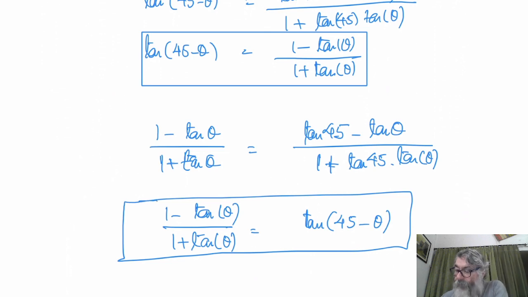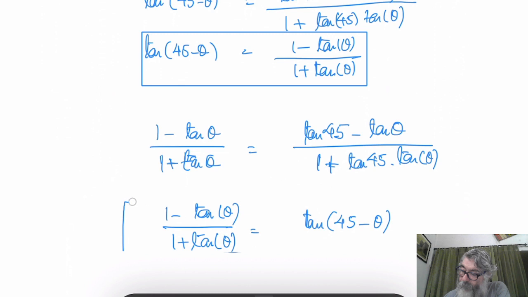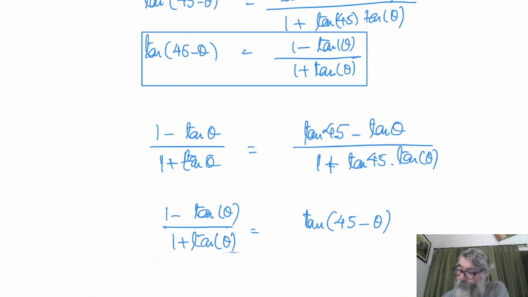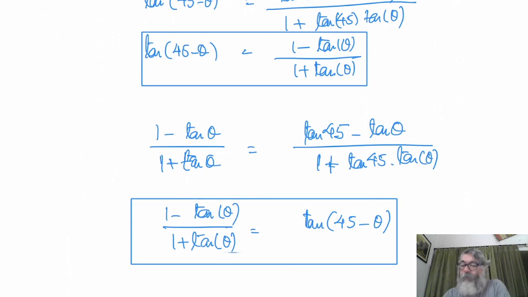Every time there is a mistake, this I have to learn. Okay, we got it right this time. 1 minus tan theta upon 1 plus tan theta is tan 45 minus theta.